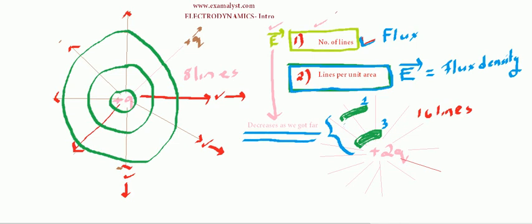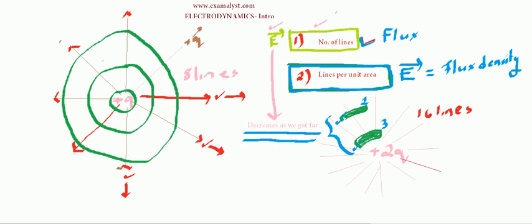If I keep a unit area very close to the charge, I get more lines passing through it. If I take the unit area away from the charge, I get fewer lines passing through it. Agreed? Hence, lines per unit area has the power to represent the electric field.